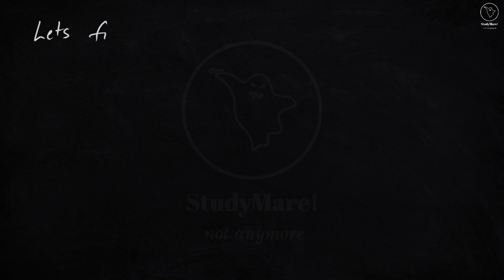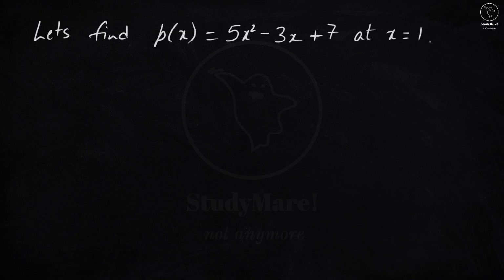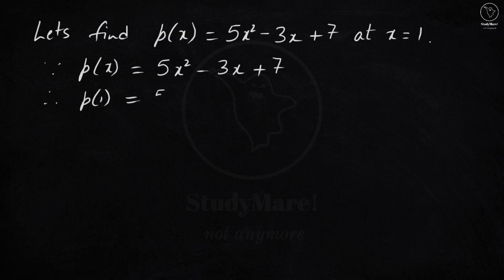Now let's find p(x) is equal to 5x square minus 3x plus 7 at x is equal to 1. Since p(x) is equal to 5x square minus 3x plus 7, therefore p(1) is equal to 5 into 1 square. We have substituted the value of x as 1.